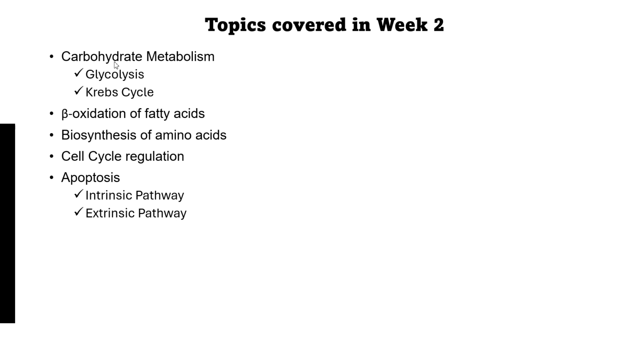We started with carbohydrate metabolism, and in carbohydrate metabolism we looked into glycolysis, Krebs cycle, and then we moved into beta oxidation of fatty acids, biosynthesis of amino acids, cell cycle regulation, and there was a demo on how to use the FACS instrument, right? And then in the last part we also learned about apoptosis, the intrinsic pathway or the mitochondrial pathway and the extrinsic pathway.